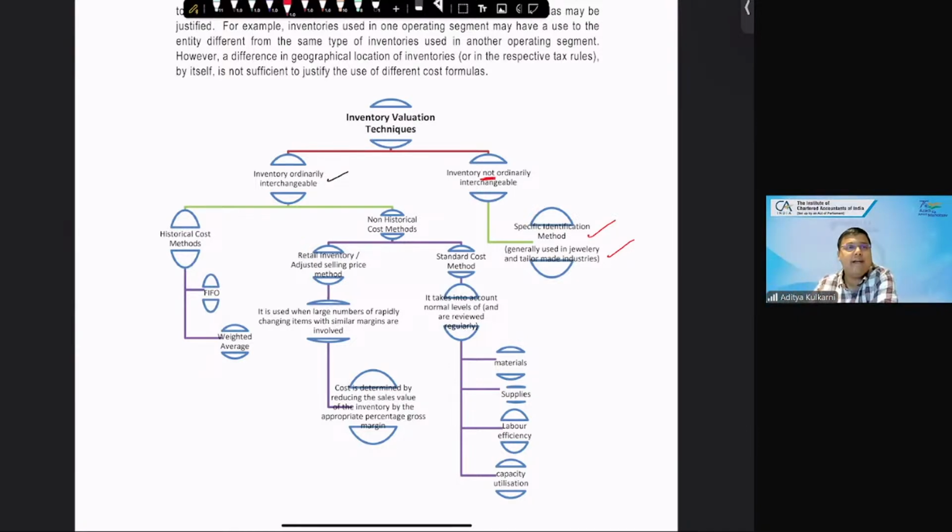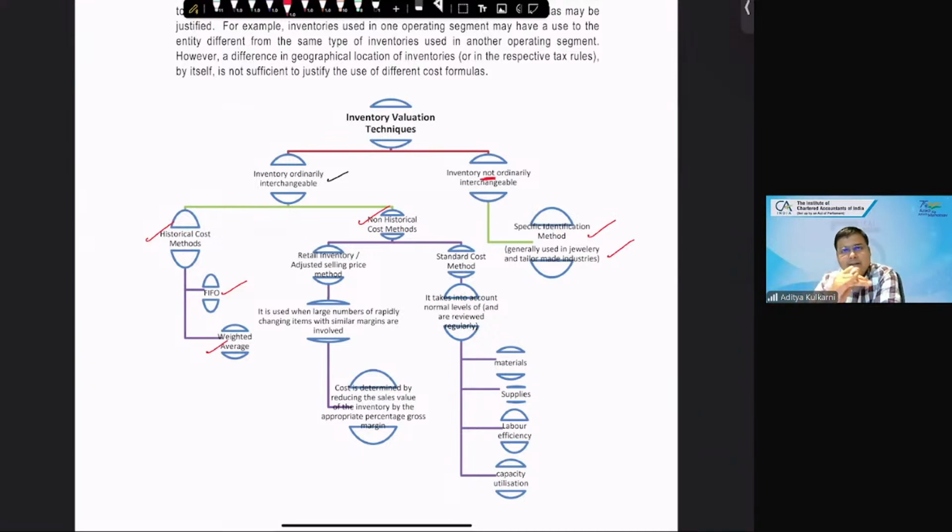Coming to inventory ordinarily interchangeable, the first example that I gave, detergent, anybody can take it. Now, this again we split into historical cost method and non-historical cost method. What comes under the historical cost method? What you already know, FIFO and weighted average.